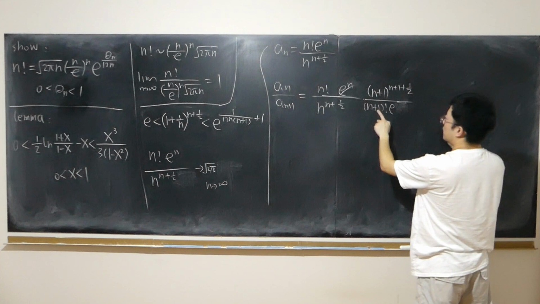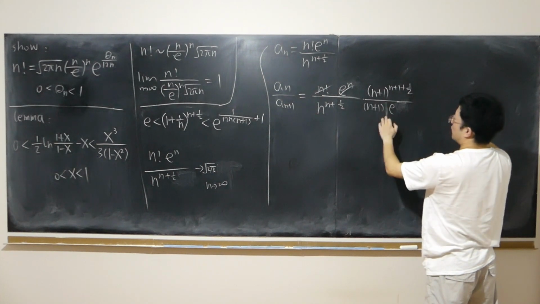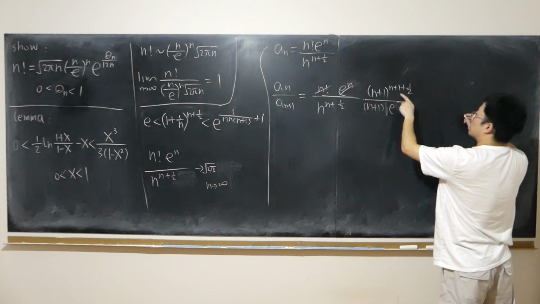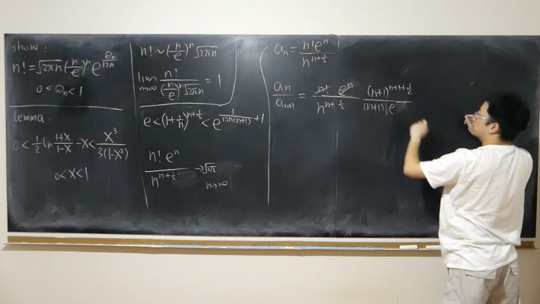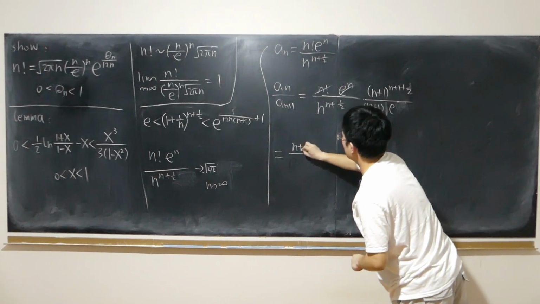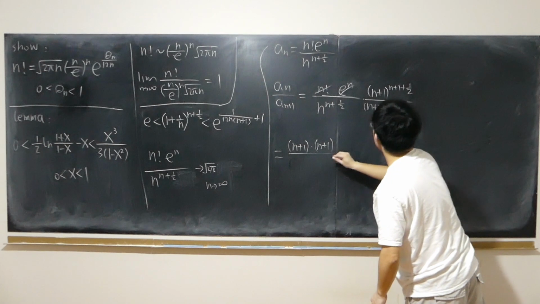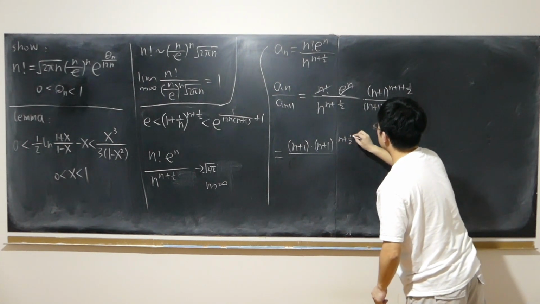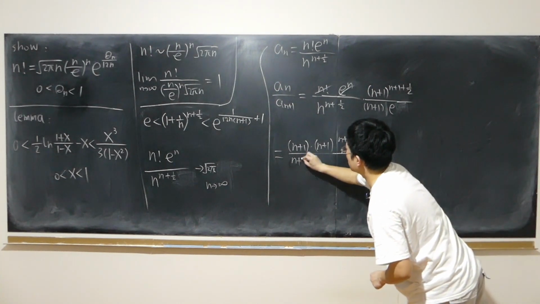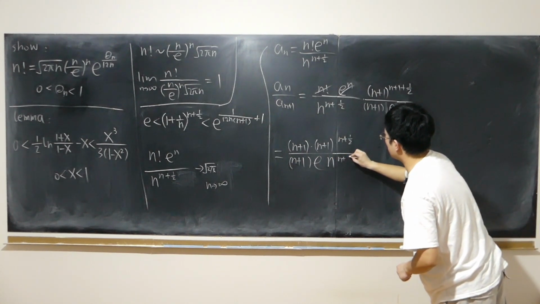And take a look at n plus 1 factorial over n factorial. This will be gone. I still have n plus 1. Take a look at these powers. I'm going to assign the power of 1 onto the base first. So n plus 1 itself times n plus 1 to the power of n plus half. Down here I still have n plus 1 times e, and n to the power of n plus half.